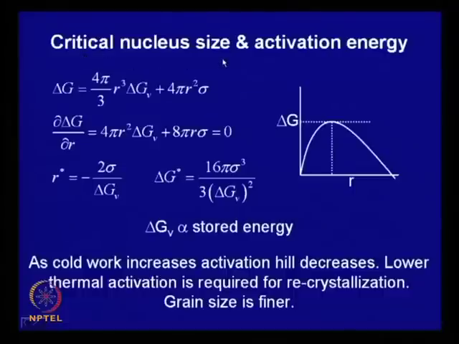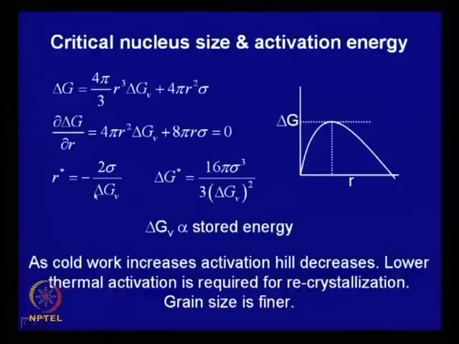So, the critical nucleus size and the activation energy, this is the total energy, and you differentiate it and equate it to 0. Here I think sigma represents the surface energy, and this is the critical nucleus size.